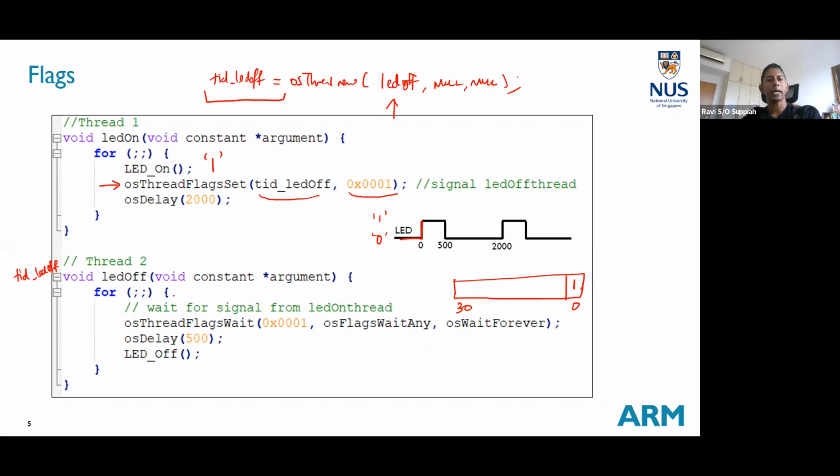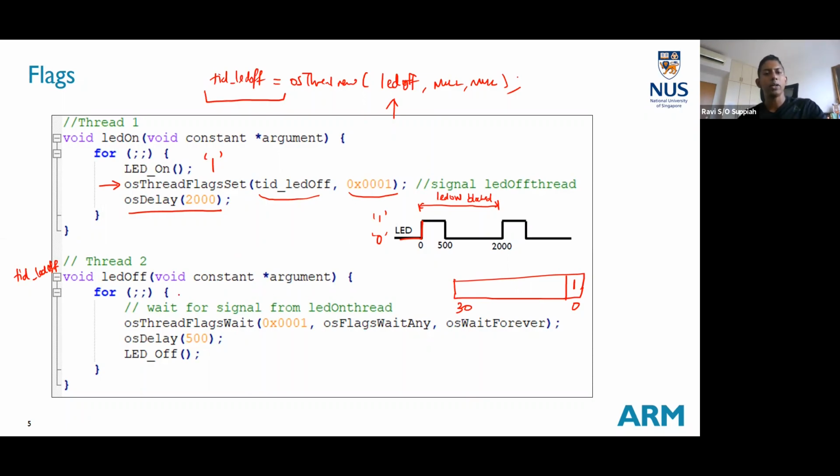That is what I'm doing here. Once I do that, I call OS delay, which means I go to a block state. So LED on is blocked for 2 seconds, and then I will come back. Once LED on goes to the block state, LED off can start.